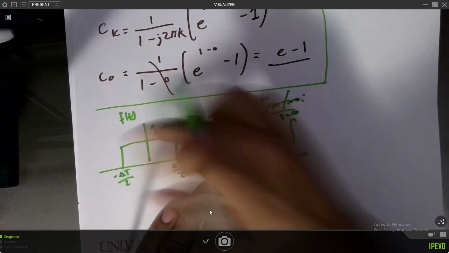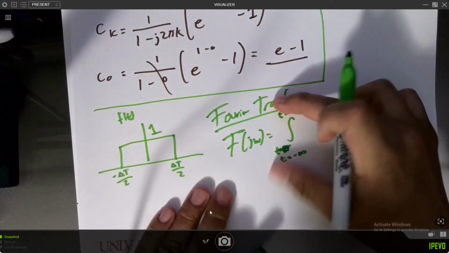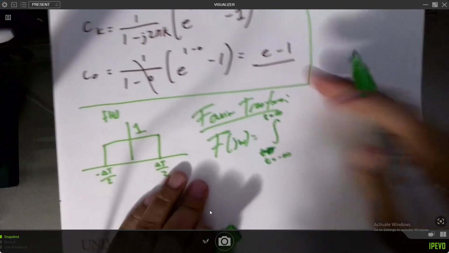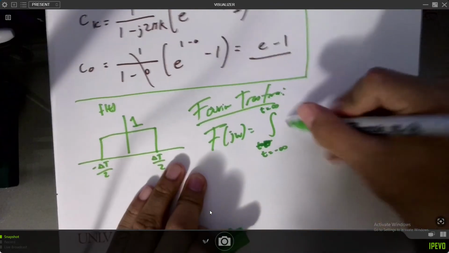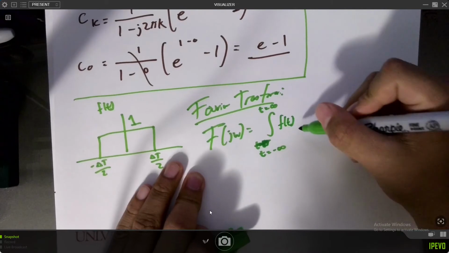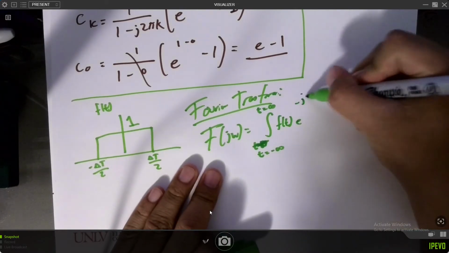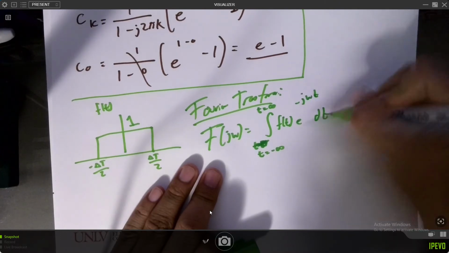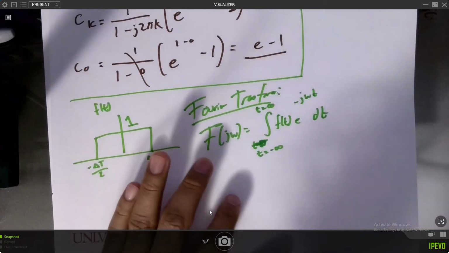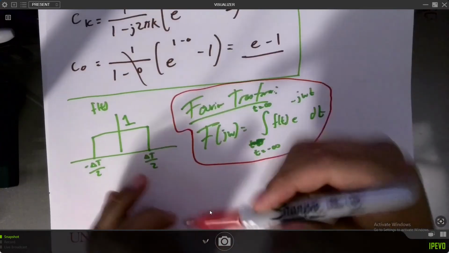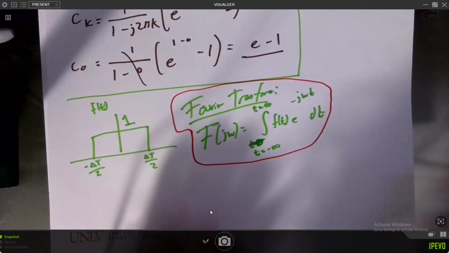So you're looking at the entire signal, just sampling that entire thing and seeing what information it has. We multiply that by e to the minus j omega t dt. So this right here is a rule that you have to memorize. It's a holy grail of everything. Otherwise you won't be happy on the exam.